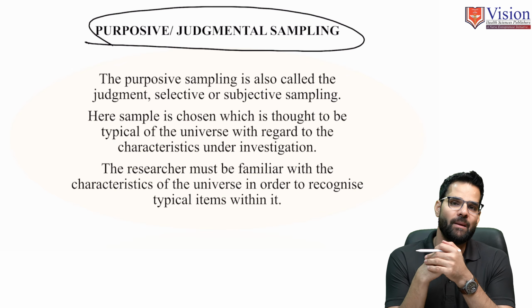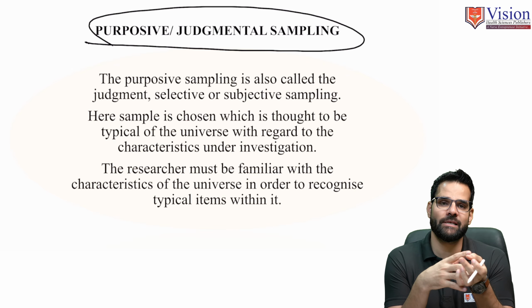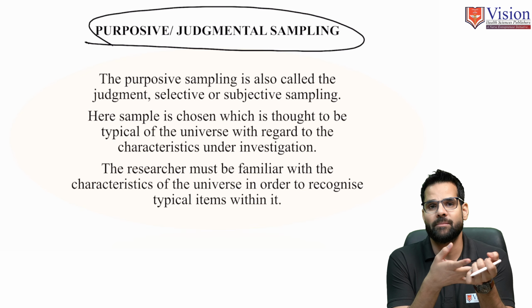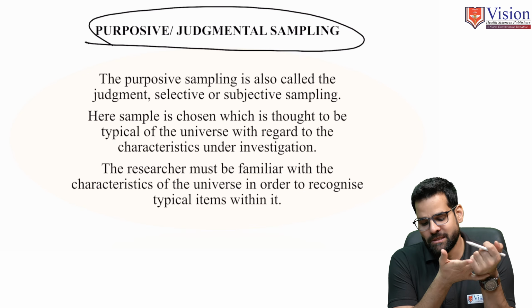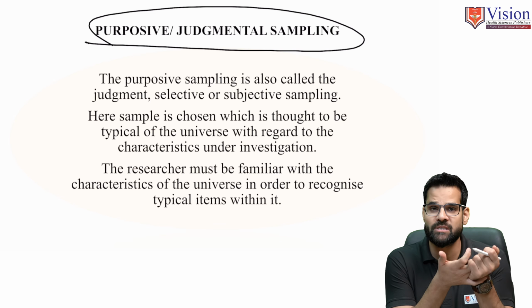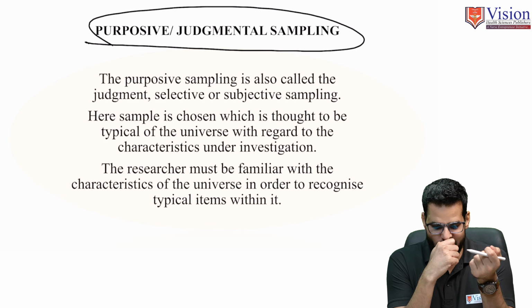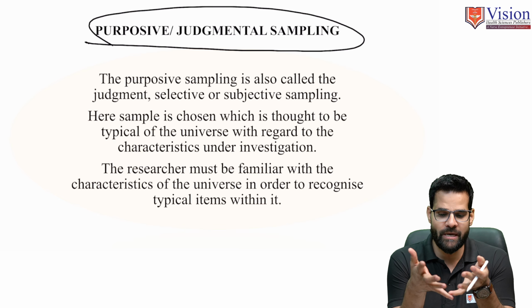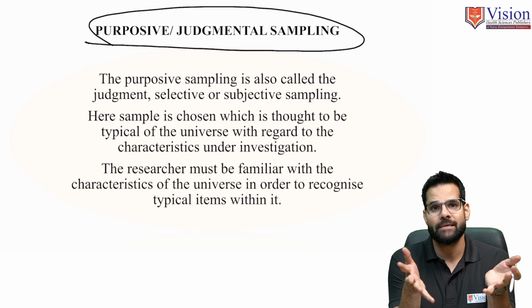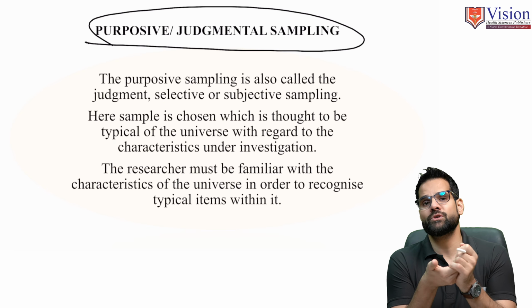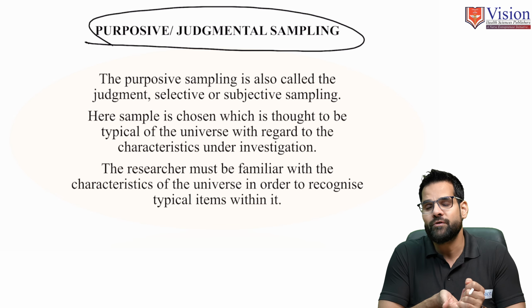Many times I've seen students write that purposive sampling means you select the subject based on the study purpose, but this is not the actual meaning. It is not based on the purpose, it is based on the judgment and understanding. For example, suppose I want to do a transcultural study where Indian students get an opportunity to study with students of Canada.